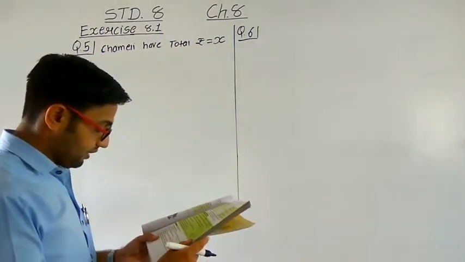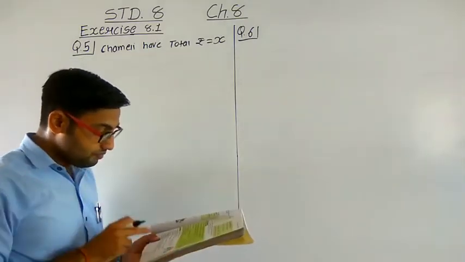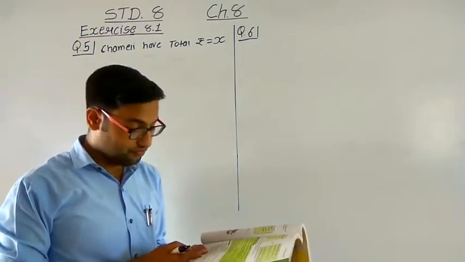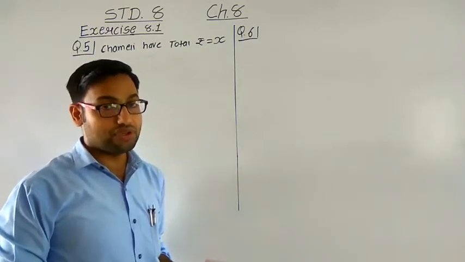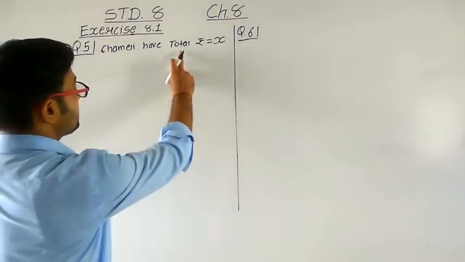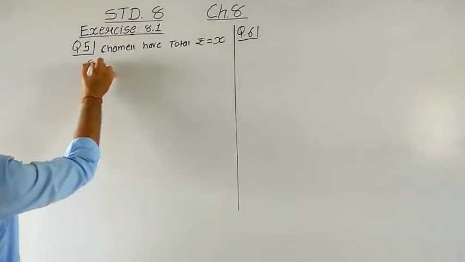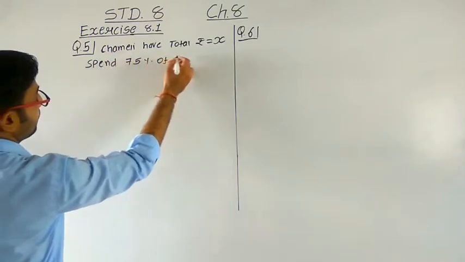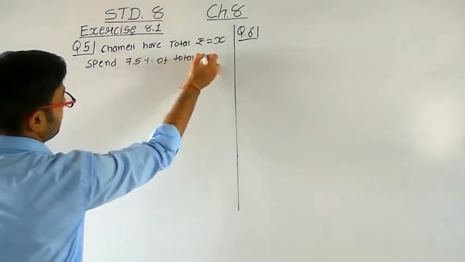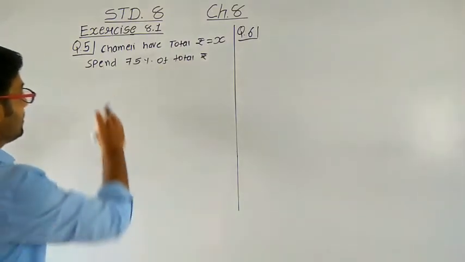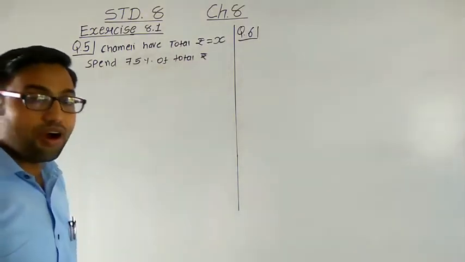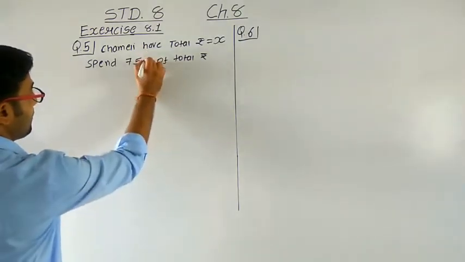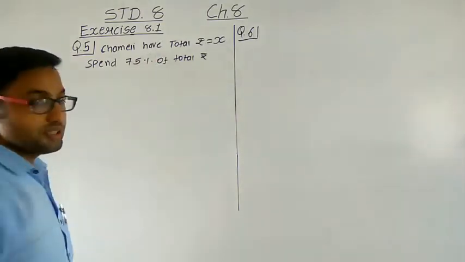Now out of that, 600 rupees will be left, but she spent 75% of her money. That means she spent 75% of the total rupees. If she spends 75%, then what percentage of the money does she have left? Out of 100%, 75% she spent.